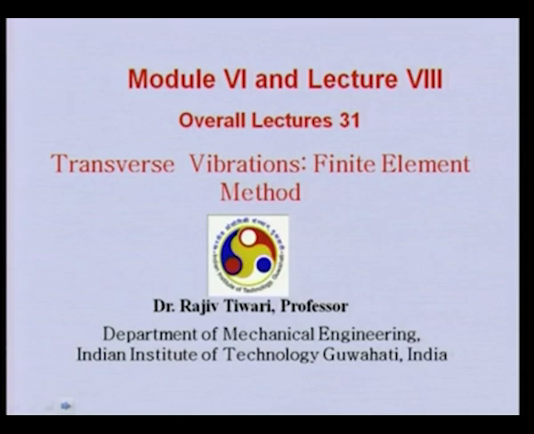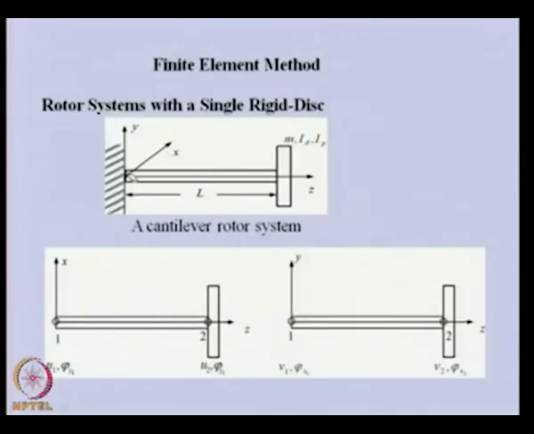As I mentioned earlier, we developed the finite element in the previous lecture for Euler-Bernoulli beam element, and that particular model does not take into account the gyroscopic couple of the shaft itself. For that we need to have a Timoshenko beam model that we have not considered here. So, we will consider the gyroscopic couple of this.